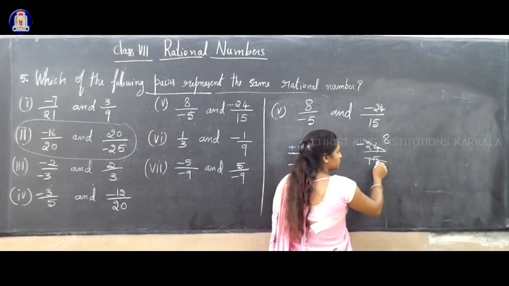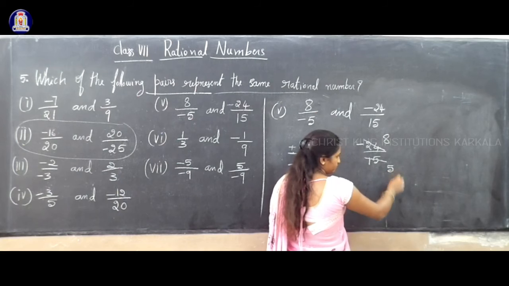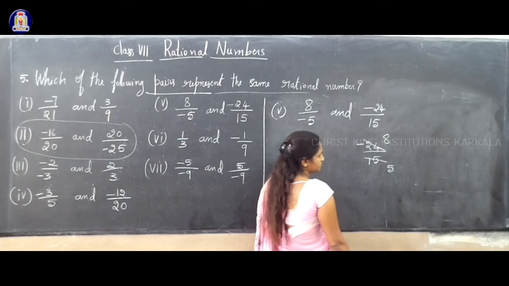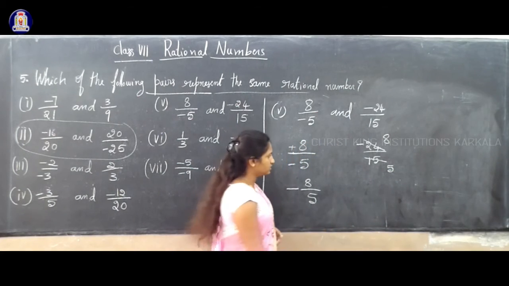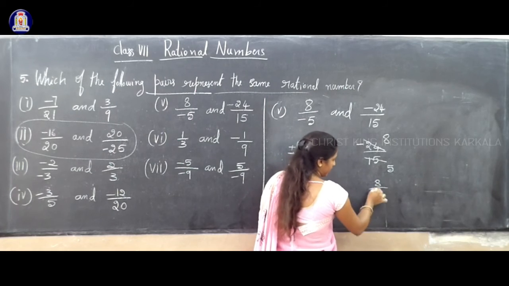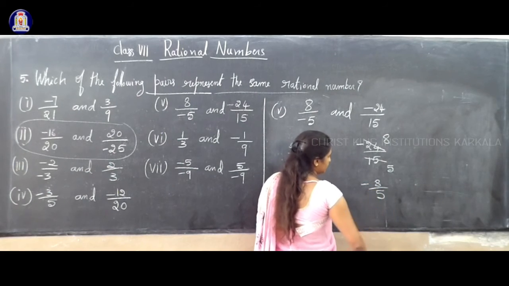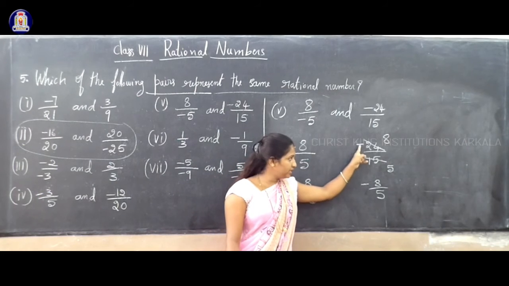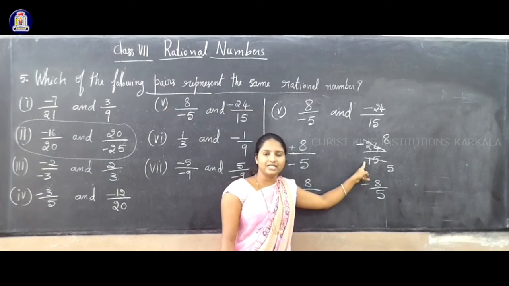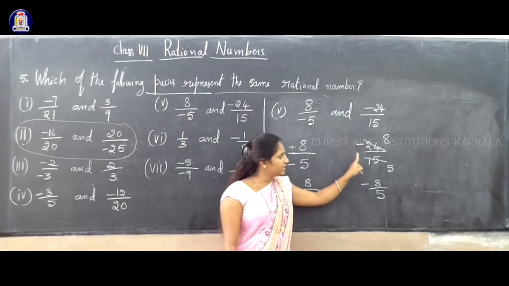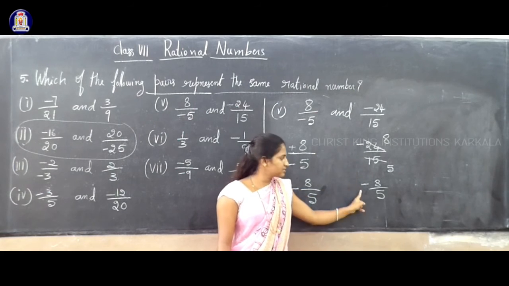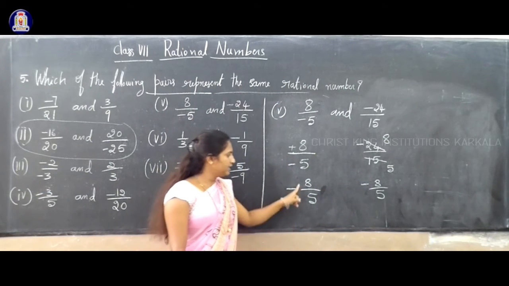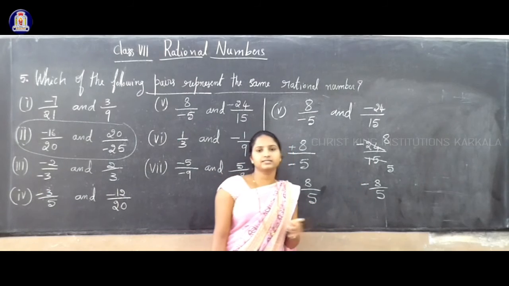And 3 how much is 15? 3 fives are 15. So what is the answer? 8 by 5. The sign is minus, that means the numerator sign is minus and the denominator sign is plus. So minus plus is minus. Minus 8 by 5.